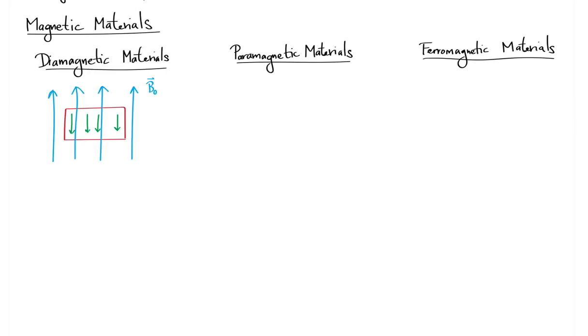Okay? Then we have the opposite case, which is a paramagnetic material. In a paramagnetic material, what you find is that the magnetic moments will align with the applied field.